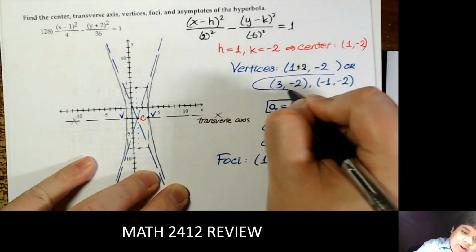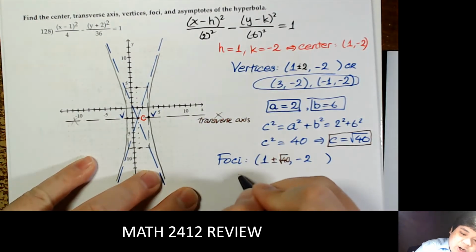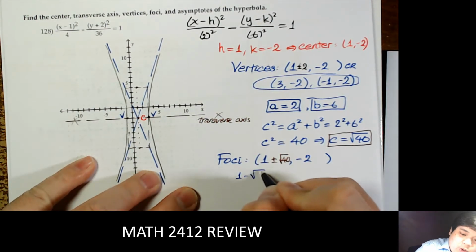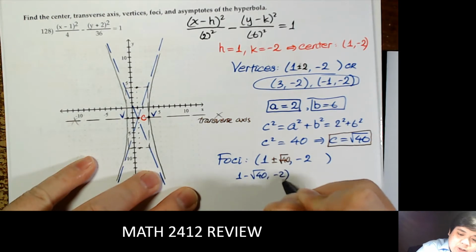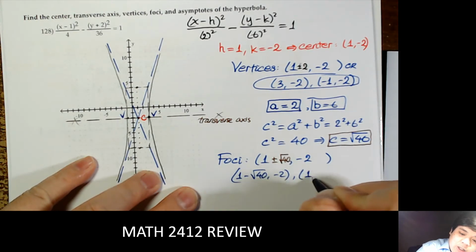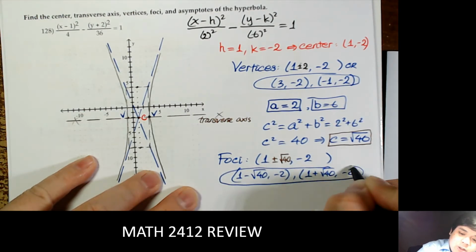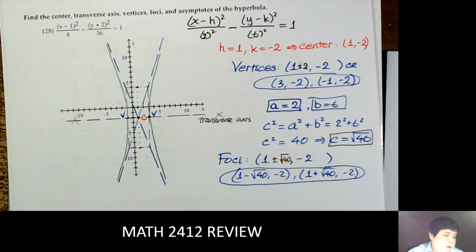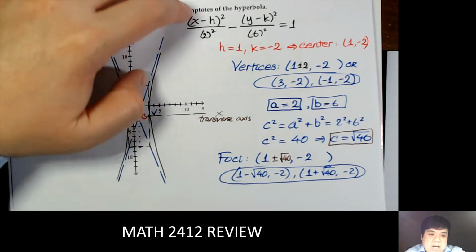So here we have the vertices here, and the foci: 1 minus square root of 40, negative 2, or 1 plus square root of 40, negative 2. That's 2 foci there.